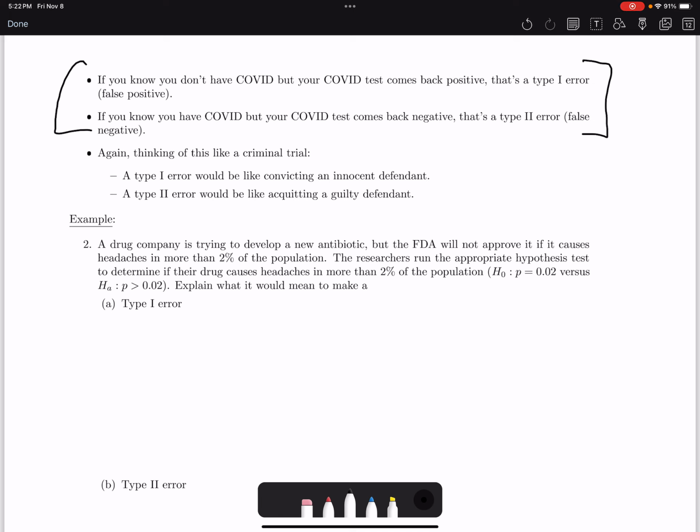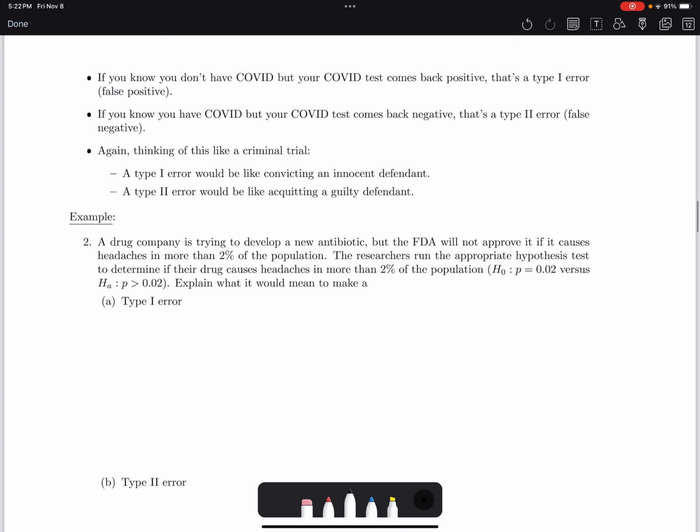If you have somebody who's a danger to society, you don't necessarily want them roaming the streets free. You would like to convict guilty people. But it happens, right? Sometimes you don't have enough evidence to convict somebody who's guilty, and so you end up acquitting them. So that's a type 2 error.